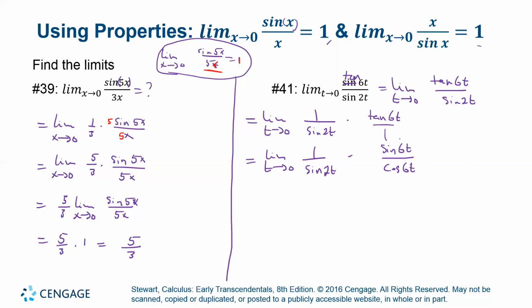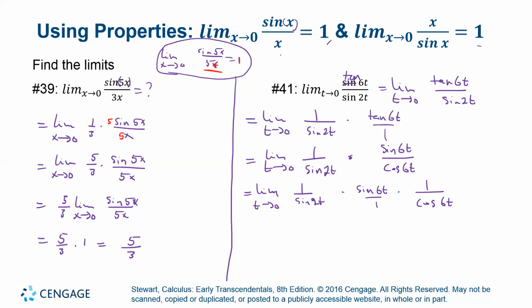Then I can write this as 1 over cosine 6t times sine 6t. So let's rewrite and see what I'm trying to say. So t goes to 0, 1 over sine 2t times sine 6t, then times this over 1 times 1 over cosine of 6t.